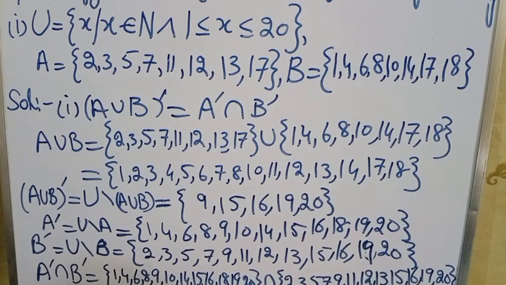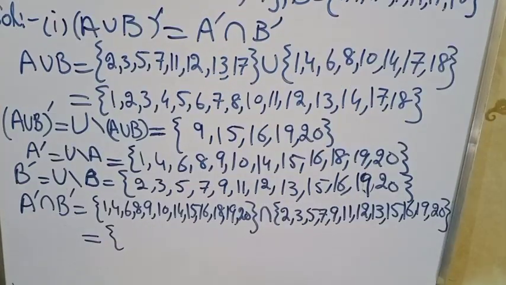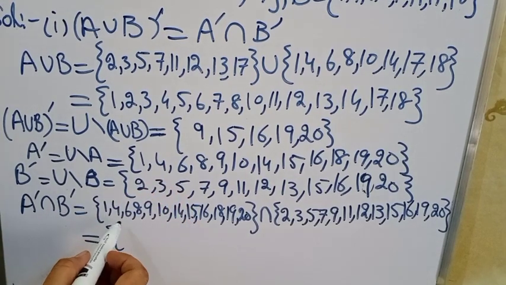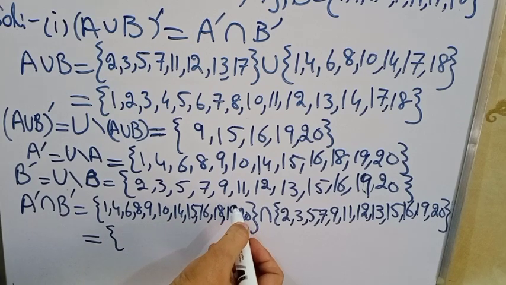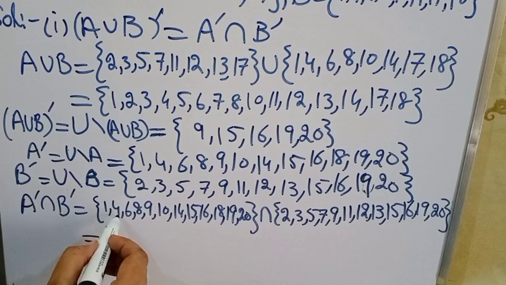And these sets have some common elements. So we compare one by one which are common. One by one we compare the elements of both sets, A complement and B complement, and which are common we write in the next set and which are not common we ignore them. 1 is not common, we ignore 4.